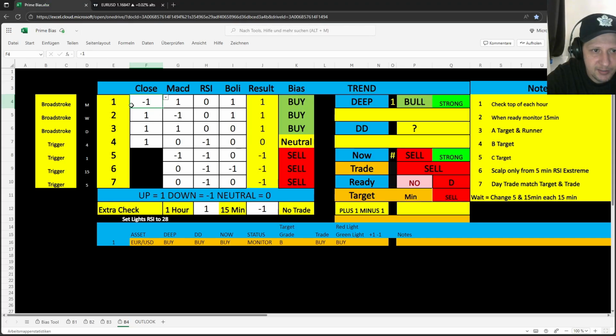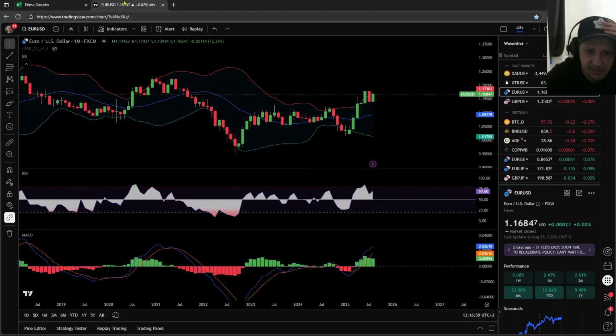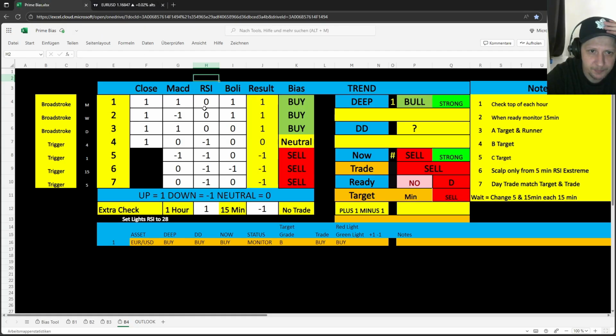I'm going to my Excel sheet, and the close red is -1 and the green is +1, of course. Or just 1, right? So then I check the MACD. MACD is +1. That's right.